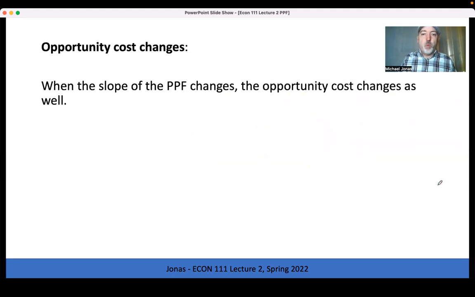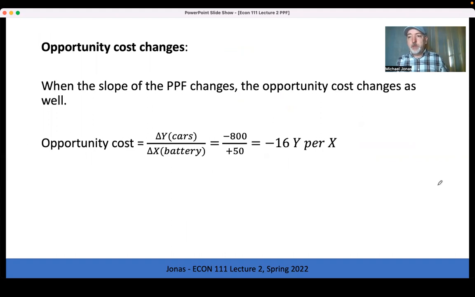And as we said, once the slope of that PPF changes, we need to recalculate the opportunity cost. Right? So in this case, along that new PPF, every incremental move to the right, increasing output by 50 in the X sector, now requires a decrease not of 500, but of 800 units in the Y sector.